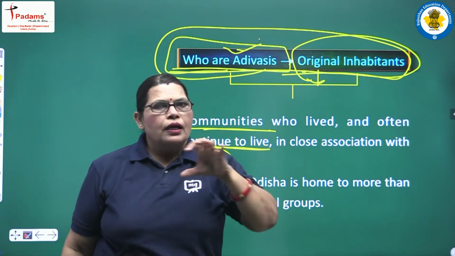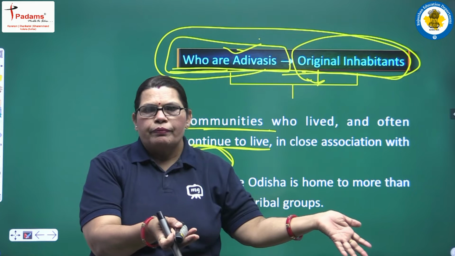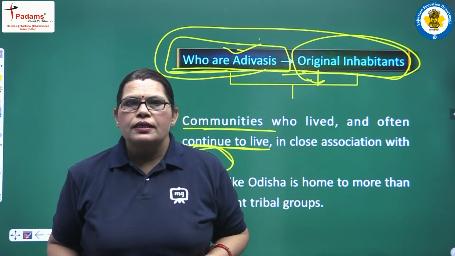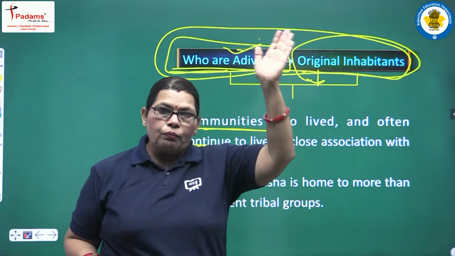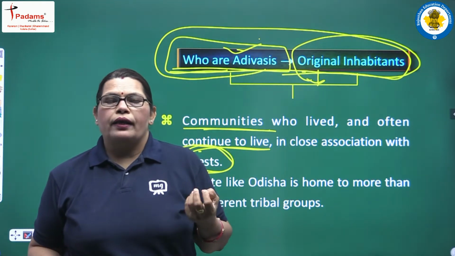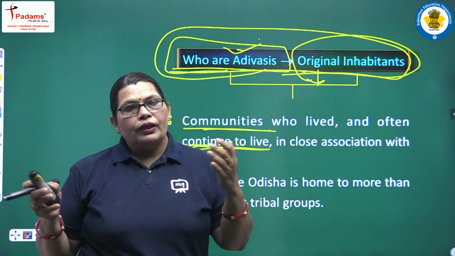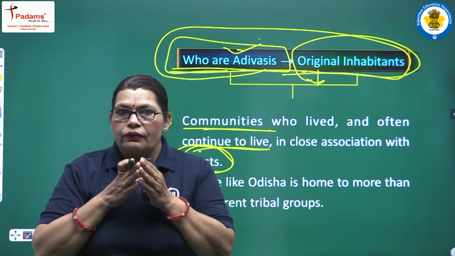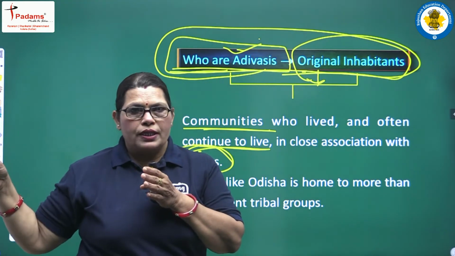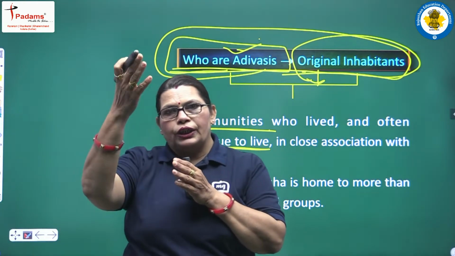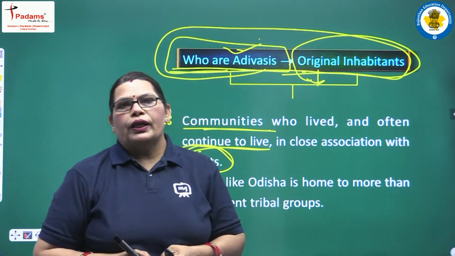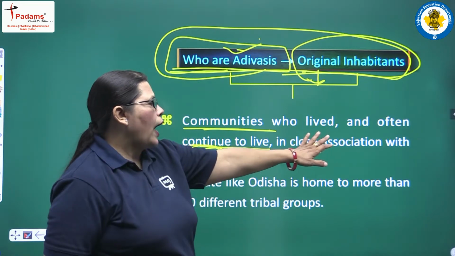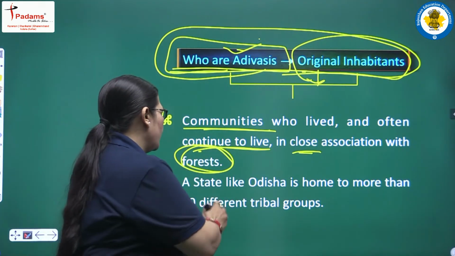So Adivasis do not belong to the cities. You will tell me, ma'am, trees are there in our class, but only this time, not before. At present also many Adivasis live in the forest. So when we are considering the Adivasis, we have the example of Odisha, the example of South Africa, and many more. So the Adivasis are those who had a close association with forest.